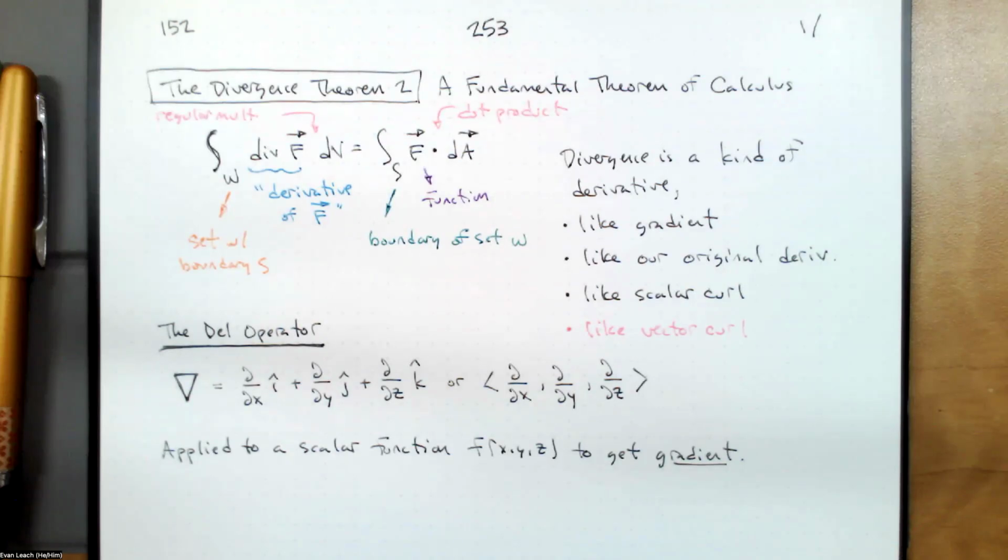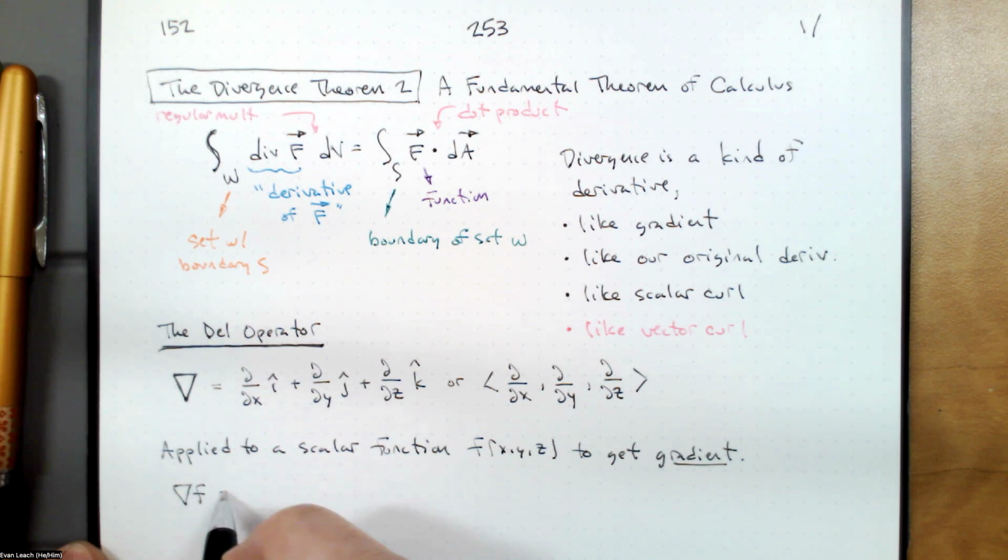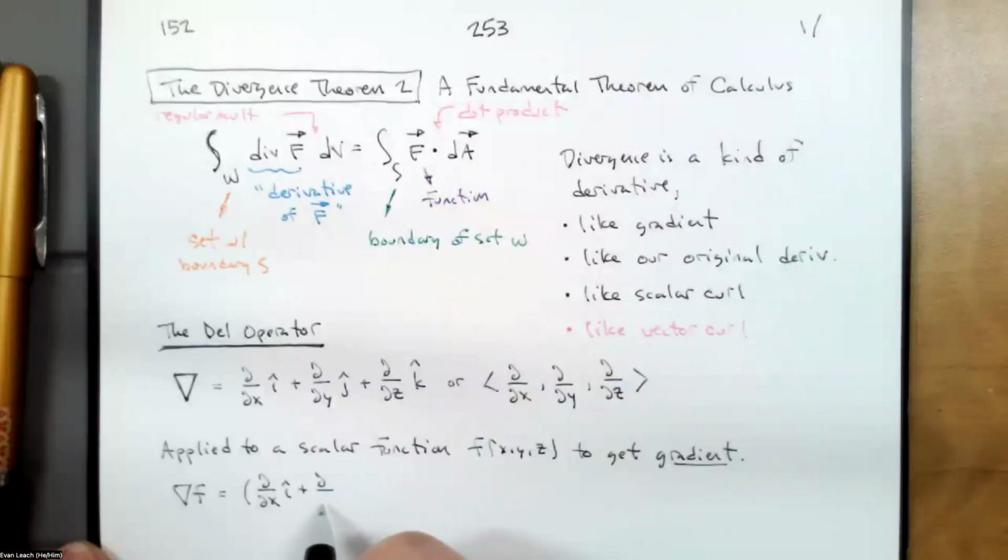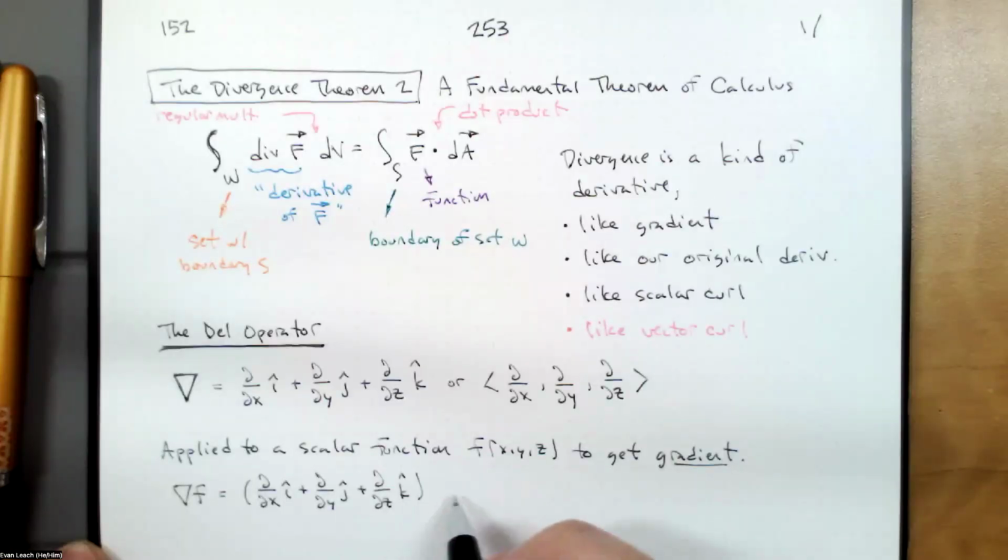When we apply the del operator to a scalar function, we produce a vector that we know as the gradient. So del f is the part where we're taking this vector and just applying it to the function f.